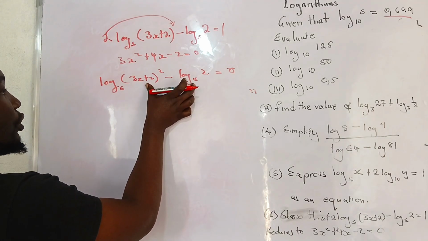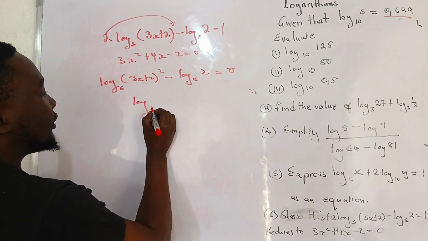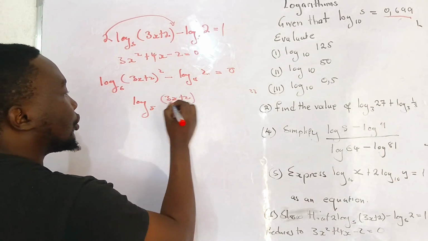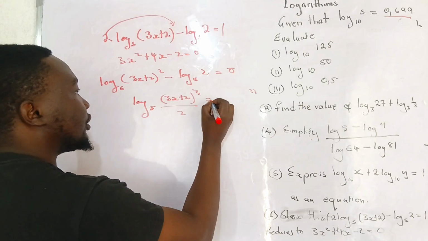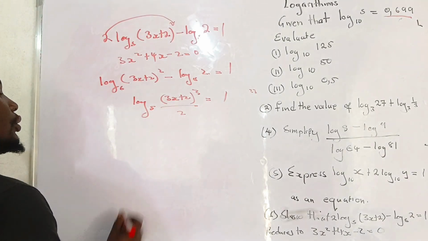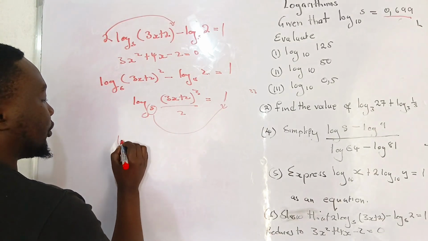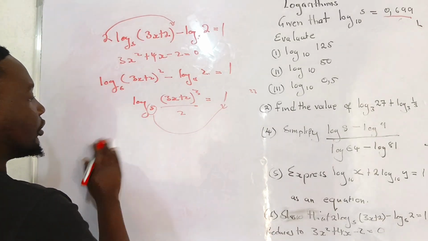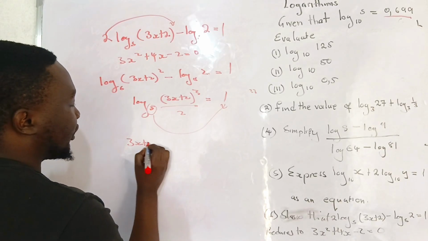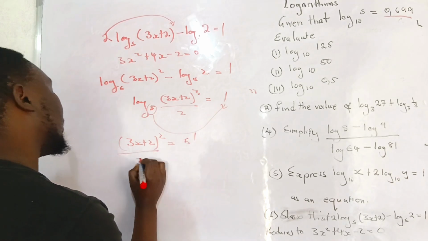Now let's use the quotient rule here: log base 5 of (3x plus 2) squared over 2 is equal to 1. So put the base here. So now the logarithm is removed. Now I have (3x plus 2) squared over 2 is equal to 5 to the power 1.